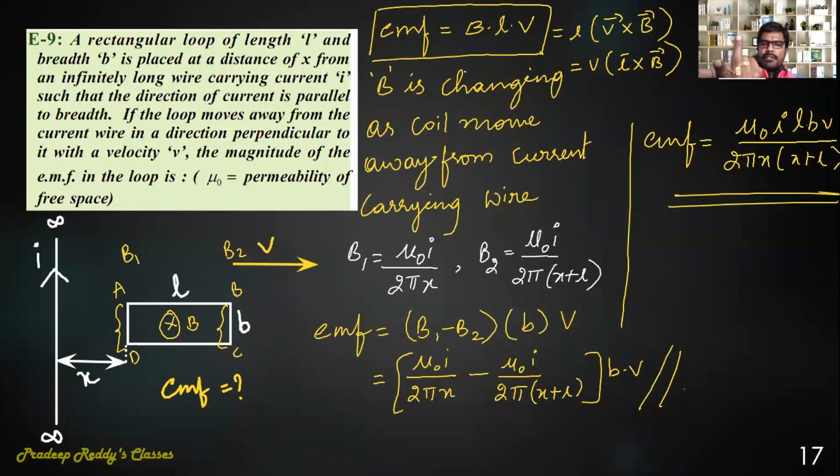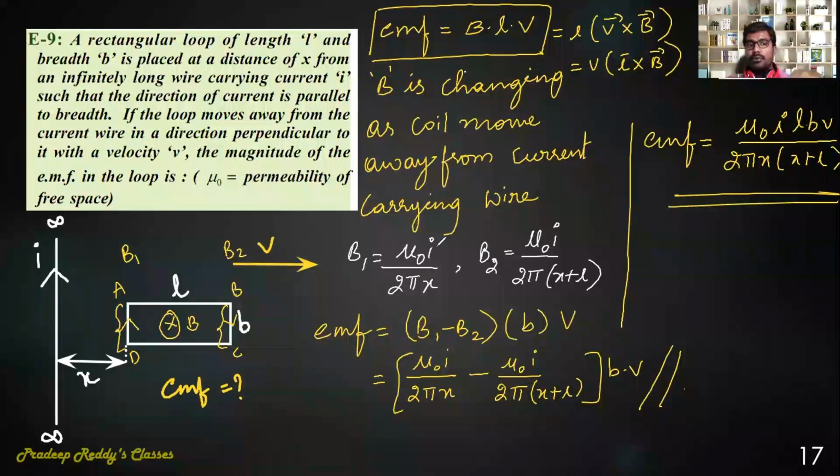So current produced within the coil is upward. So therefore, you can take current produced within this coil. It can be upward, and this is in this direction. This will be AD, as AD is closer to the current carrying conductor.